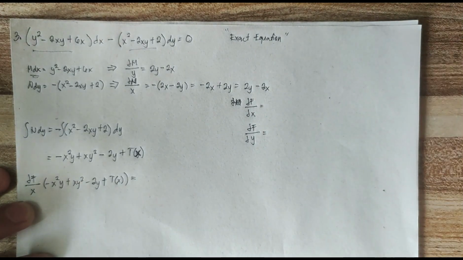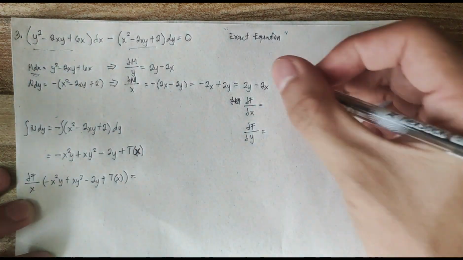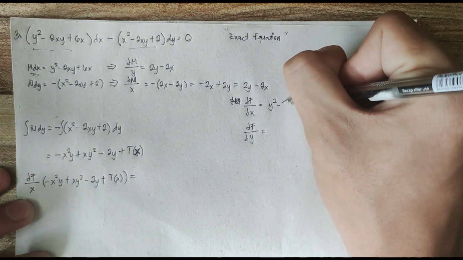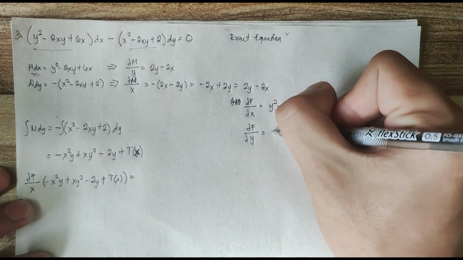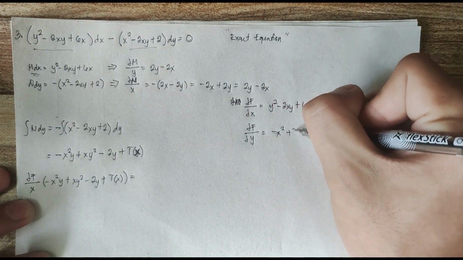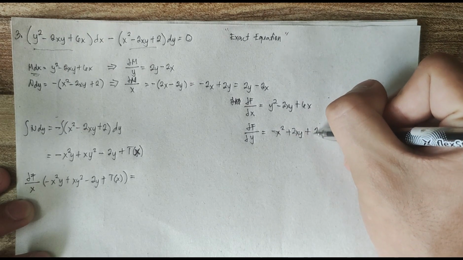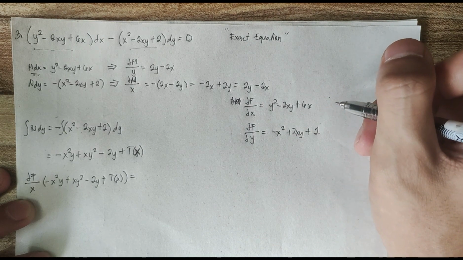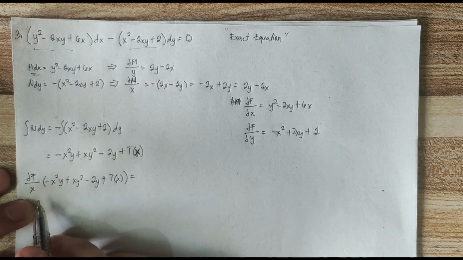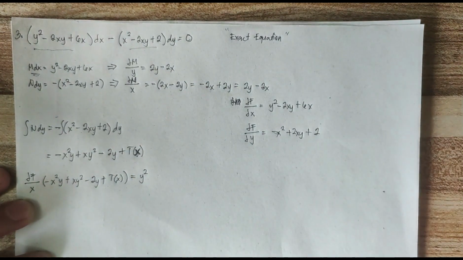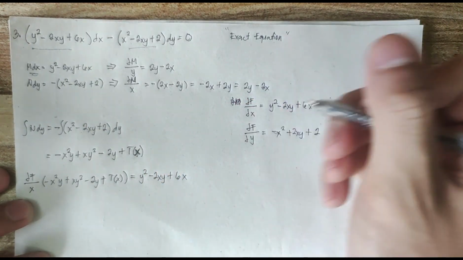So what is now the value of our partial derivative of f in terms of y? It is equals to M dx. So we have here y squared minus 2xy plus 6x. And this one is negative x squared plus 2xy plus 2. So the value of our partial derivative of f in terms of x is y squared minus 2xy plus 6x.